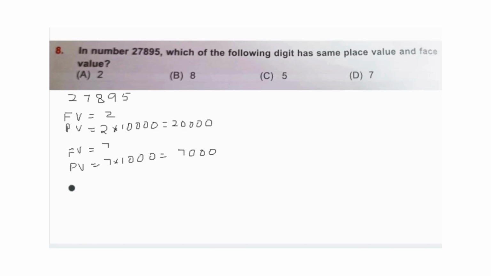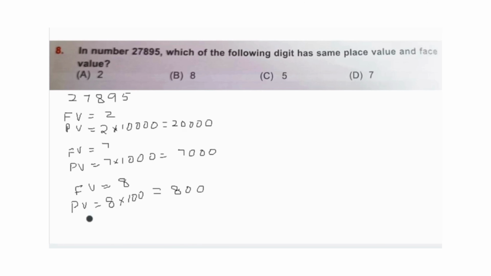Let's go to the next digit, which is 8. So the face value is going to be 8, and the place value is going to be ones, tens, 100. So it's going to be 8 times 100, which is going to be 800.